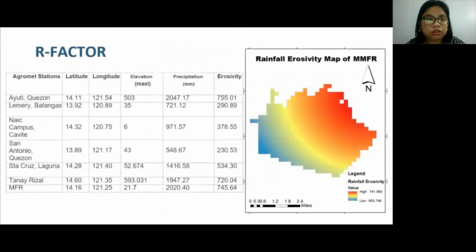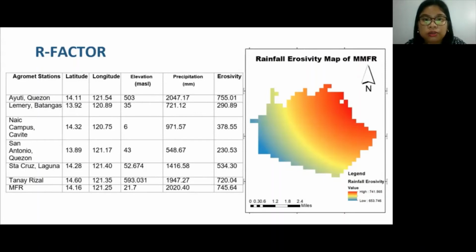This is the summarized table. The aggregate stations in the Calabarzon region are Ayuti, Quezon; Lemery, Batangas; one in Cavite; and another from San Antonio, Quezon; Santa Cruz, Laguna; Tanay; and the MMFR aggregate station.